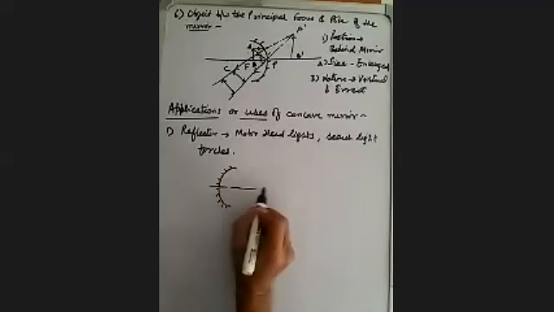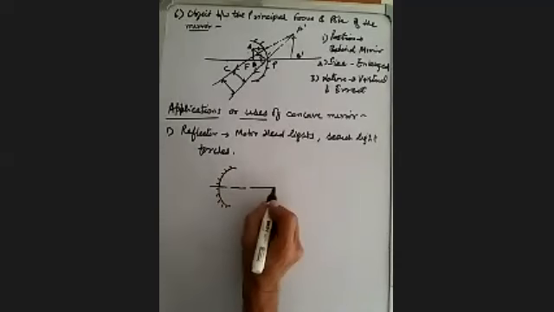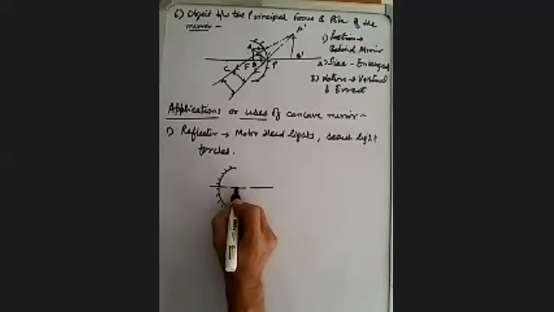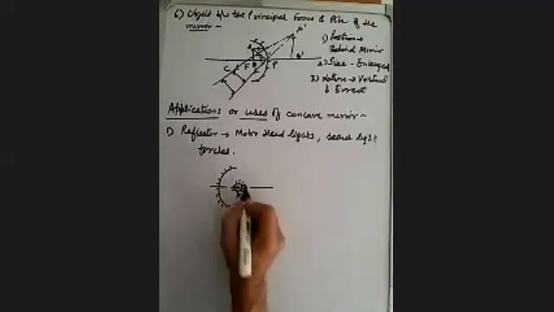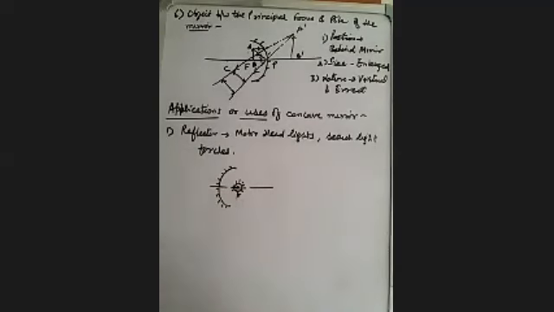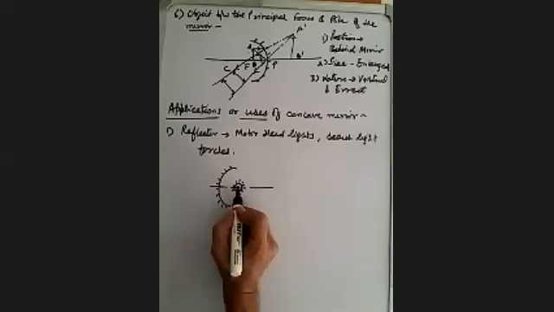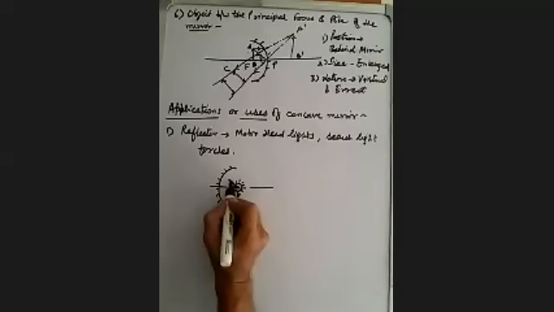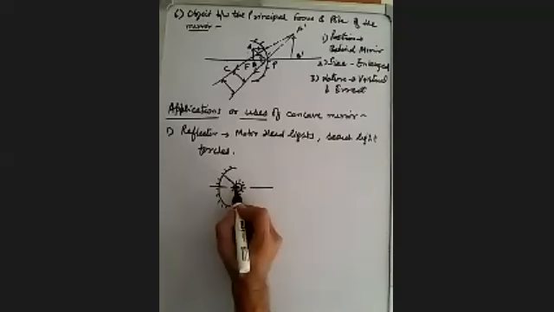So this is the principal axis, and this is supposed the principal focus. So the electric bulb is placed at this position, and the rays of light from principal focus are incident at different angles at the surface of the mirror, like this.